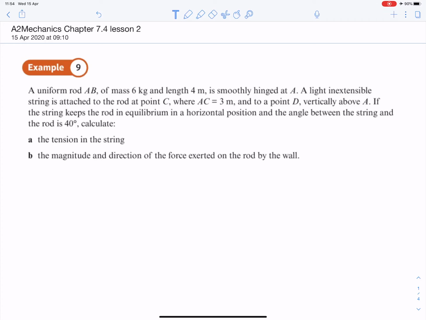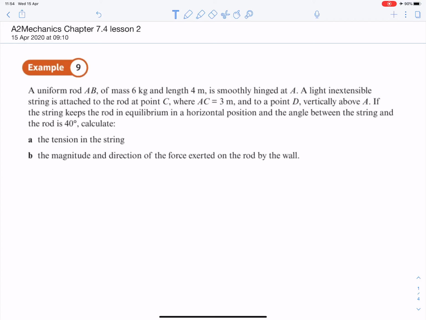So we've got an example, then two questions for you to try connected to it, and then the answers to look at the end. How you organise your time is up to you, but the best way is to watch the example, do the two questions while it's paused, and then look at the answers. Okay, so here we go.